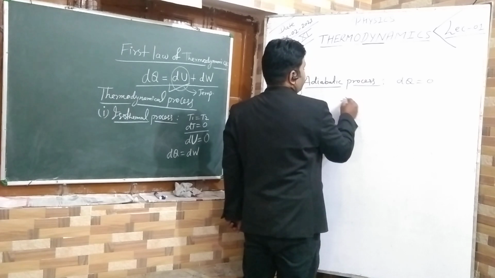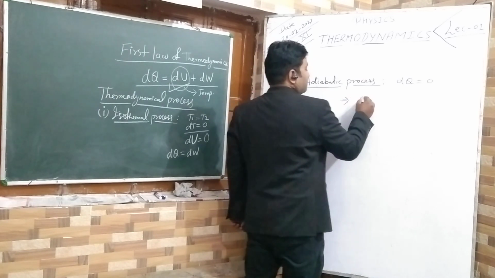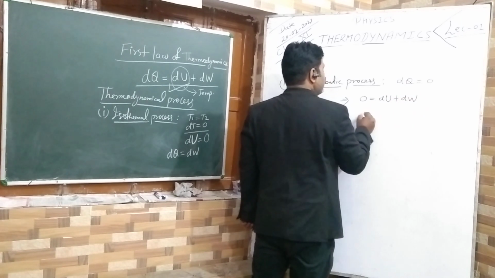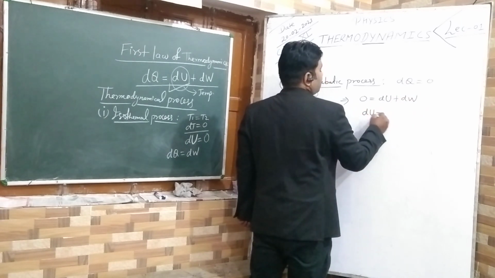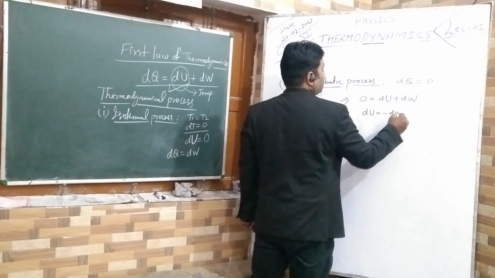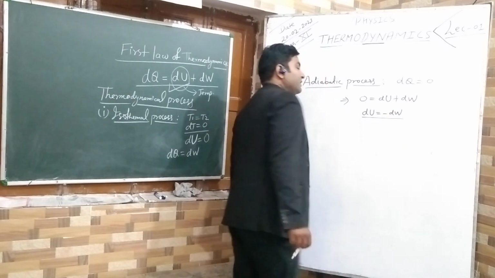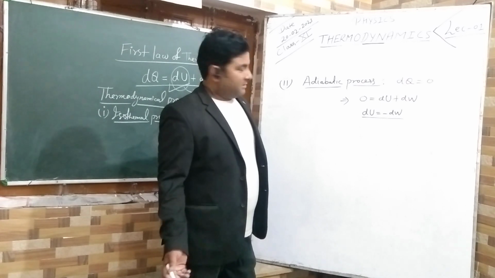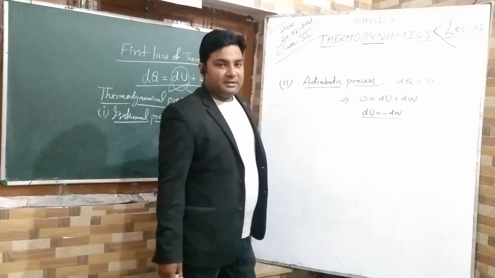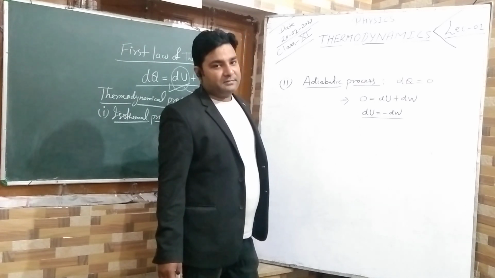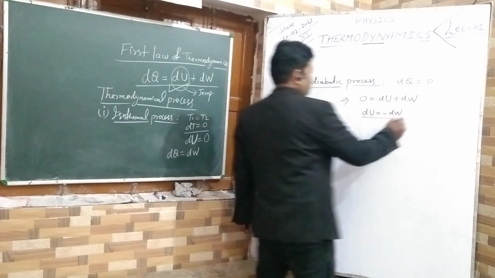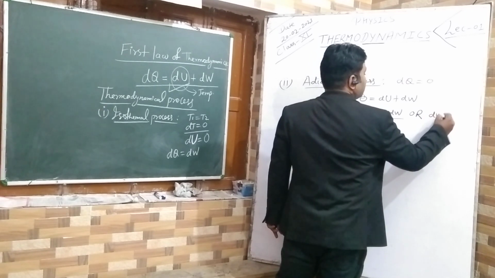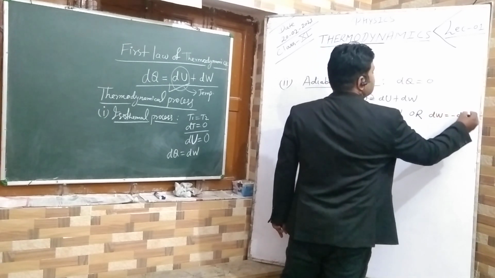In this case, from the first law of thermodynamics, 0 is equal to dU plus dW, or dU is equal to minus dW. Clear? If work is done by the gas, then internal energy decreases. Internal energy decreases. dW is equal to minus dU.